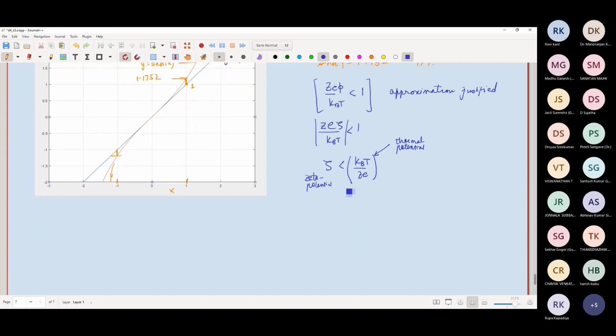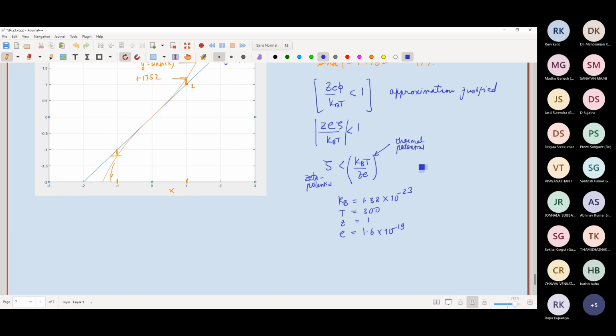So now let us put in some numbers. kB is 1.38 × 10^-23, T is 300 Kelvin, Z you can assume to be 1, and e is 1.6 × 10^-19.